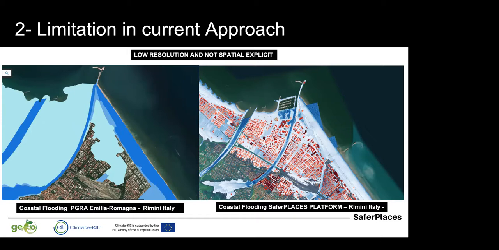As you can notice, the maps represent the flood hazard in three discrete classes and not in absolute values. On the right, we have the same maps generated with the SaferPlaces platform. It has a higher resolution and represents the spatial distribution of both flood hazard and also damages.